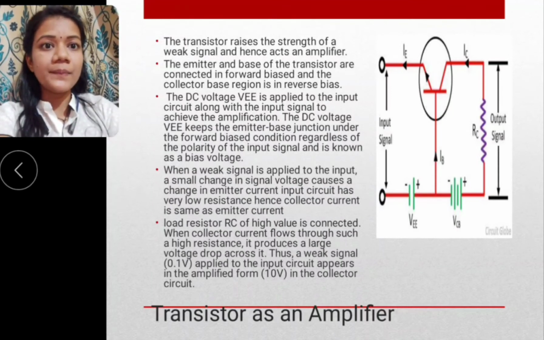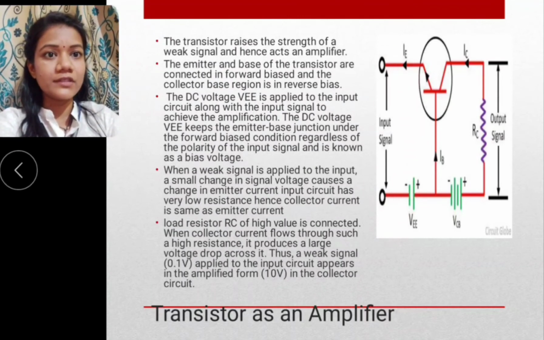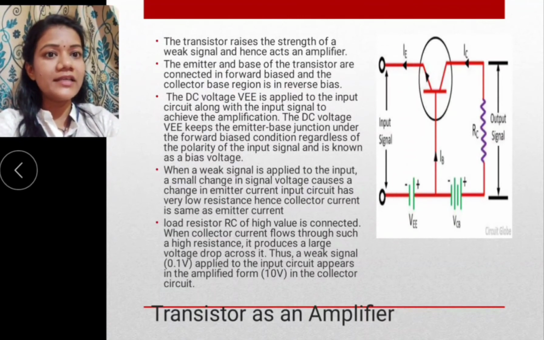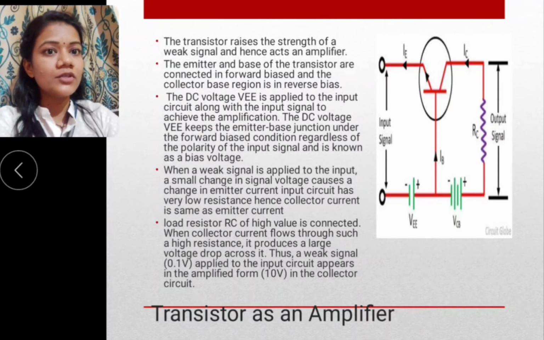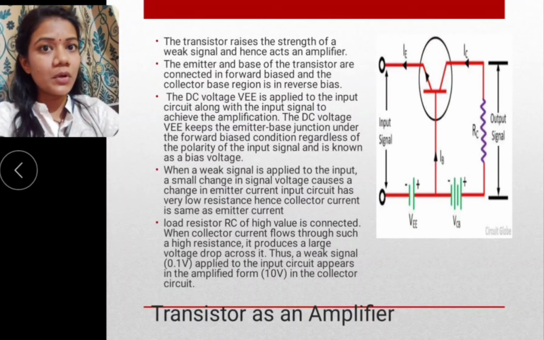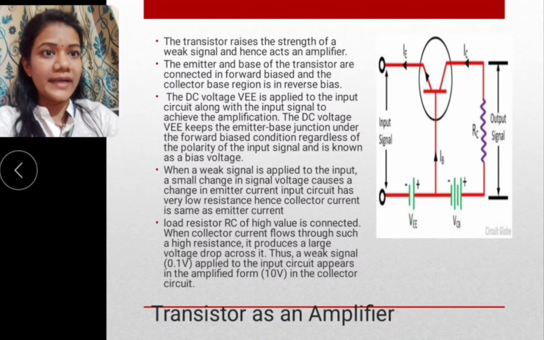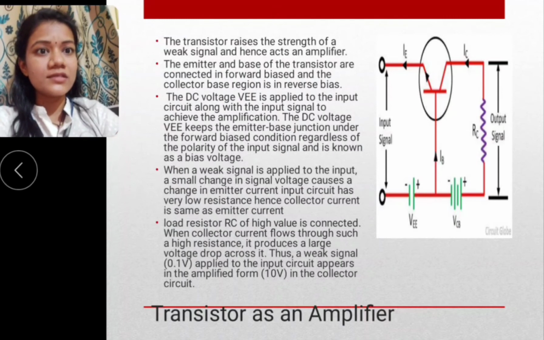So when we apply the weak signal to the input side, there is a small change in voltage, so it will cause the emitter current IE to flow. It means the small change in voltage causes the emitter current to flow. And as we know, there is very low resistance.